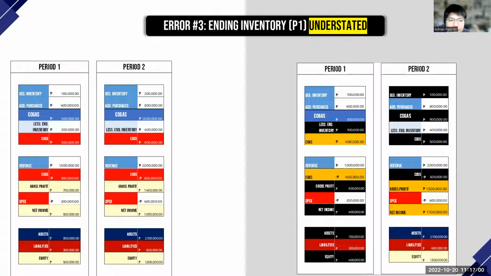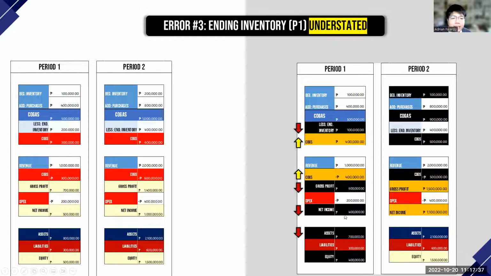The more difficult one is ending inventory. With ending inventory, when you make a mistake in inventory, it affects 2 periods. Period 1, your ending inventory is understated. Therefore, your cost of goods sold is going to be overstated. Again, if your cost of goods sold is overstated, your gross profit will be understated, your net income will be understated. And then, since ending inventory is understated, your assets are also low. So it now has an effect on your assets. Assets are low.